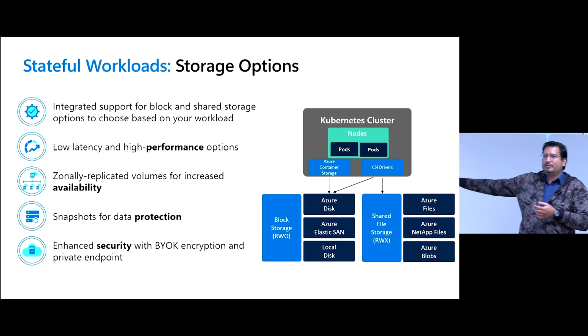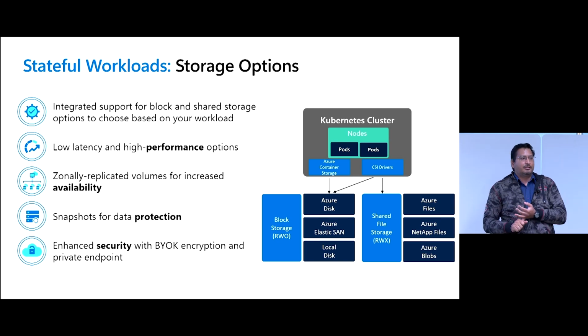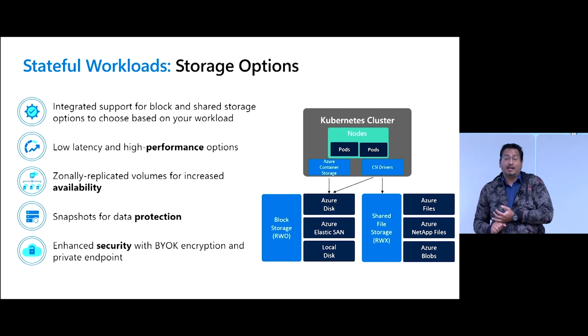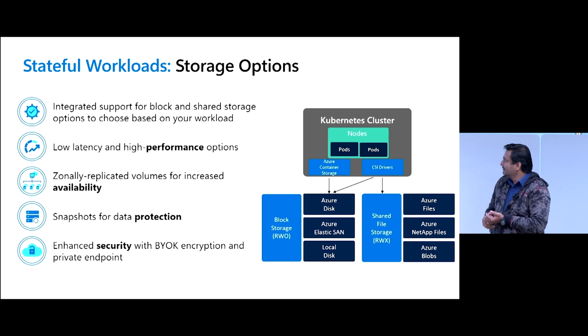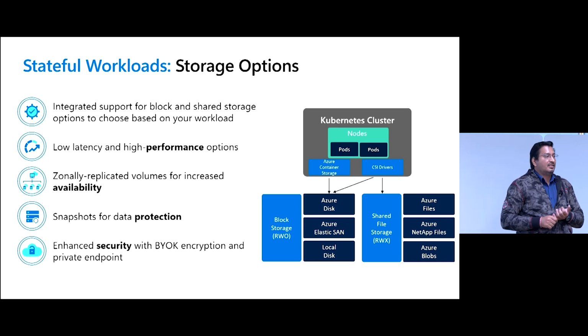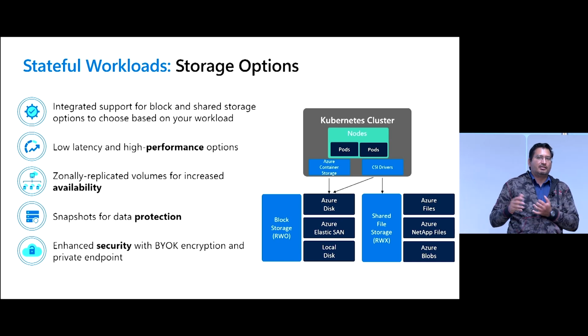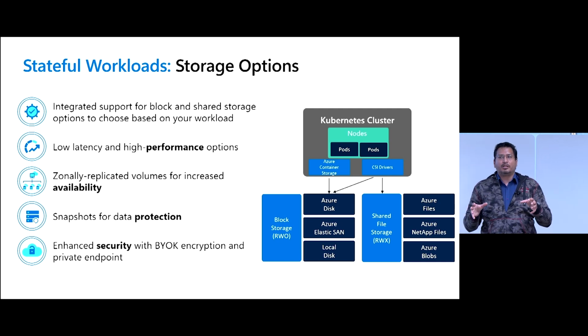Now within block storage, you've got three options. We've got the classic Azure disk. Within Azure disk, we have multiple options, with SKUs ranging from standard HDD all the way to ultra tier. So we give you flexibility between cost and performance. Okay, we've got Elastic SAN, which you can provision either as LRS or ZRS. ZRS is self-healing, and it's more suitable if you really want enterprise scale.